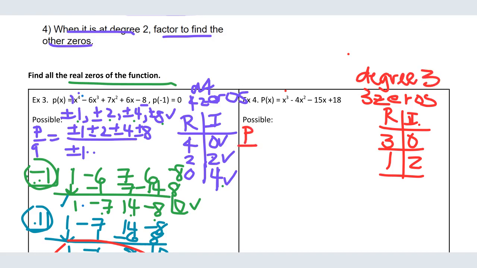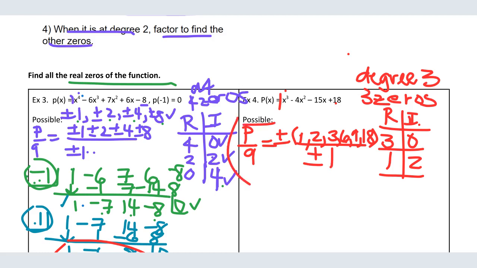Possible p over q. Factors of 18: 1, 2, 3, 6, 9, 18, all of which have a plus or minus, over factors of the leading coefficient of 1.